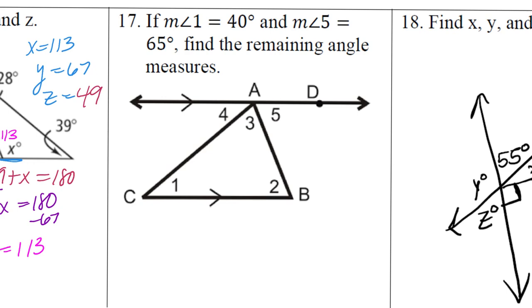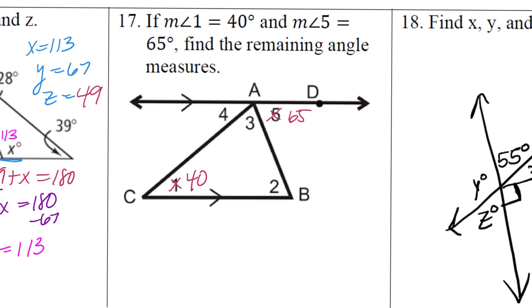Looking at 17, it gives us the angle 1 is 40. Angle 5 is 65. And find the remaining angle measures. So looking at this, it tells you that the top and bottom lines are parallel.